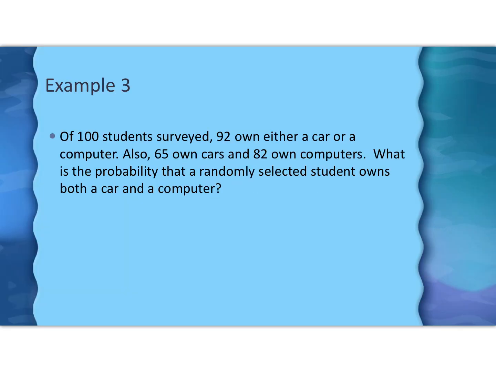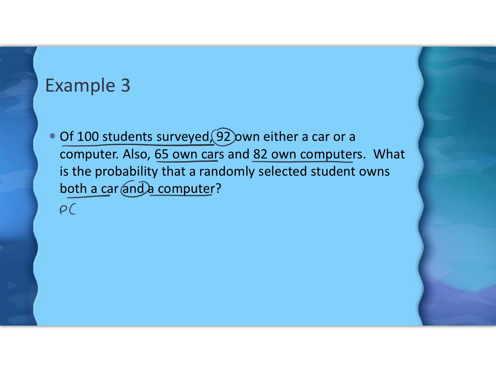And then the last one is a little bit more confusing. Basically, there's a total of 100 students surveyed. They tell you that 92 own either a car or a computer, 65 own cars, 82 own computers. What is the probability that a randomly selected student owns a car and a computer?